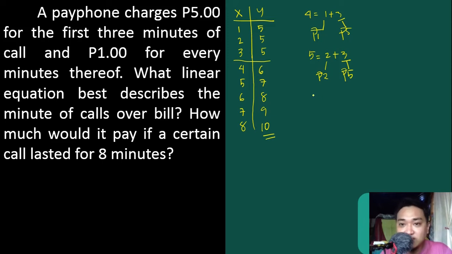If that is 8 minutes, that is the same as 5 plus 3. Ayan. So we will pay 5 pesos, and then we're going to pay here again a minimum charge of 5 pesos for 3 minutes.